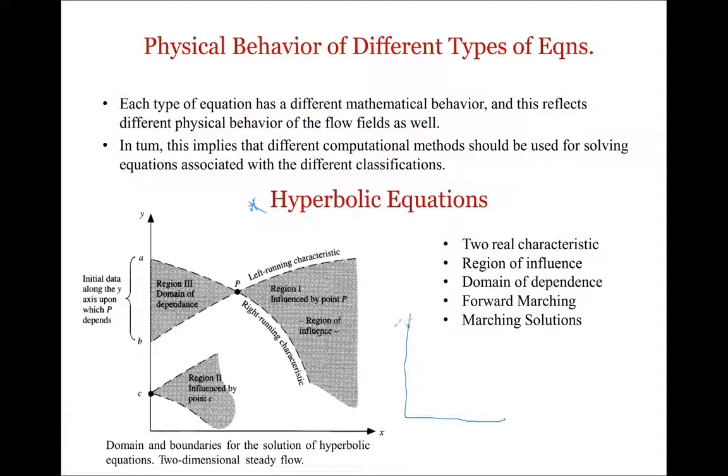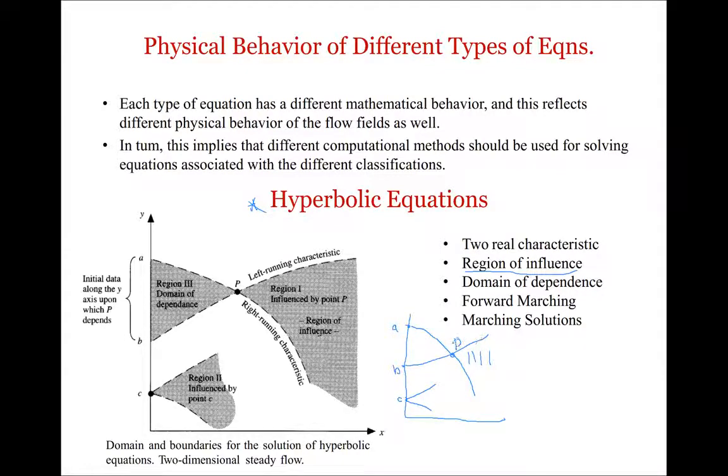This is my initial points A and B. First it moves like this, and there's a point of intersection, and there's also a point C. So this region, region 1, is influenced by a point P, and it's known as the region of influence. So this is point P.